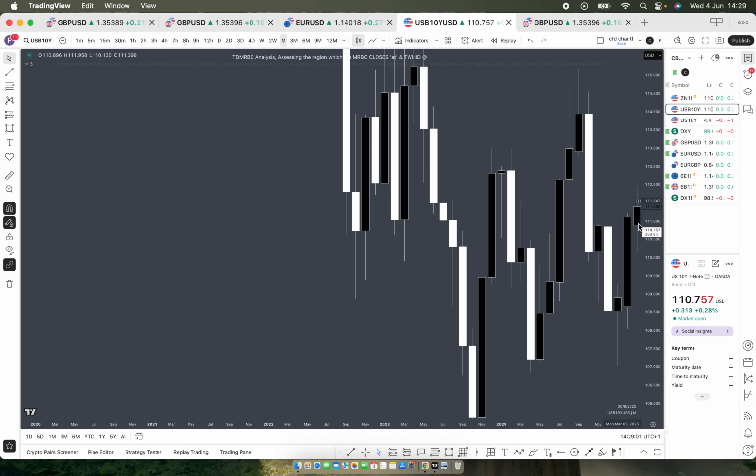but then the risk to reward isn't really favourable, is it? I'd probably just go for a 1 to 1.5. Yeah, and I'd have my stop about halfway of this wick.